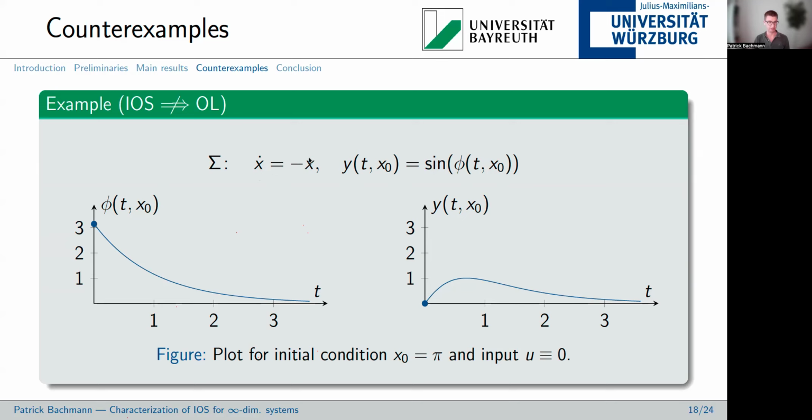We just have a converging system, but the trick is that we have an output that has a root that is non-zero. When we start at exactly this root, like at x0 equals pi, then the initial output will be 0. But afterwards, when the system converges, the output will first increase and then again decrease. And so the output trajectory cannot be generally bounded in terms of the initial output.